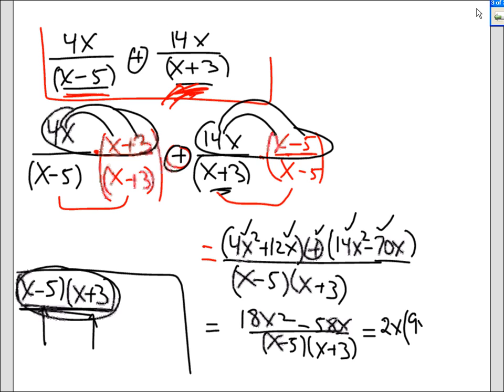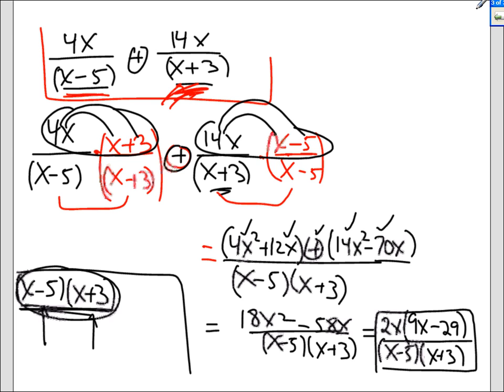So you have 9x minus 29 over x minus 5 times x plus 3. And there's your answer. The key part was what I did in the bottom left-hand corner.